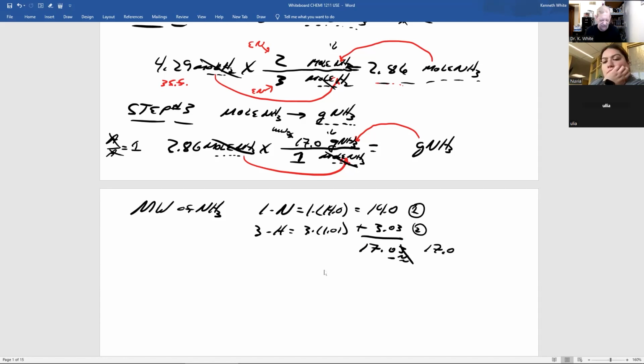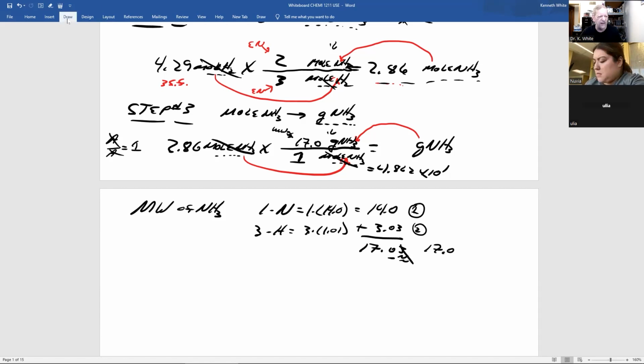And now I can pick up my calculator. 2.86 times 17.0. And my calculator gives me this number. And you could have also written down 48.62, but most of you will be in scientific notation.